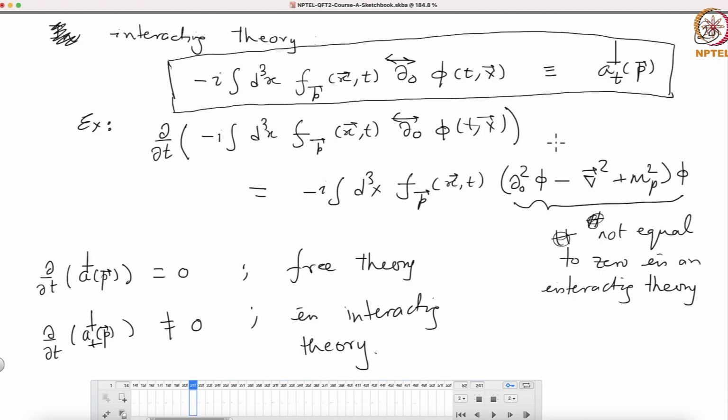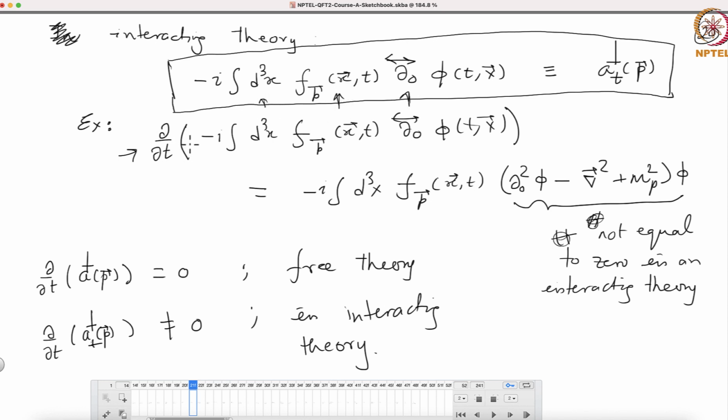So here we had seen long back that this is the a_t dagger, which is defined like this, and if you take the time derivative of this object in the above expression, it's exactly the same thing as above, an identical expression.